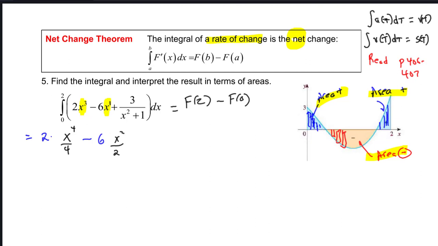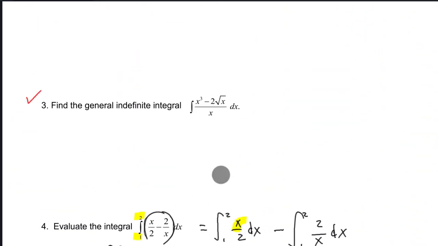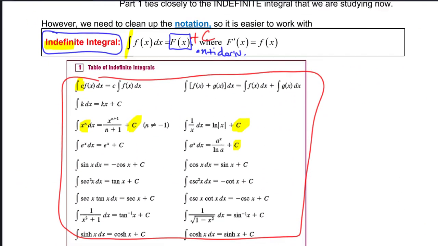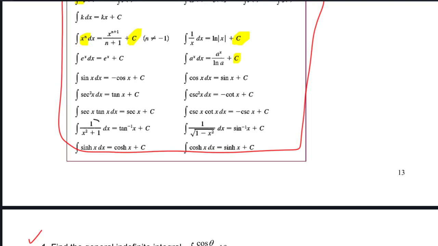And the last one, wait, that looks a little weird. It too has a coefficient, minus 3, and then we're going to integrate this thing that's left over. I don't recognize that. Wow, how am I going to integrate that thing? Well, I'm hoping there's a formula for it. Is there an antiderivative of this? I'm going to go back to the table of integrals, and I'm looking right here. 1 over x squared plus 1.